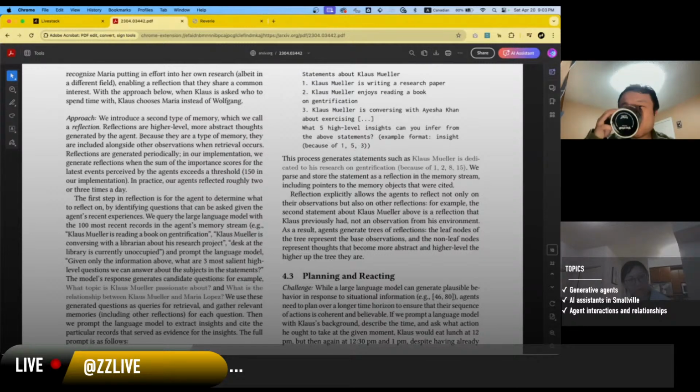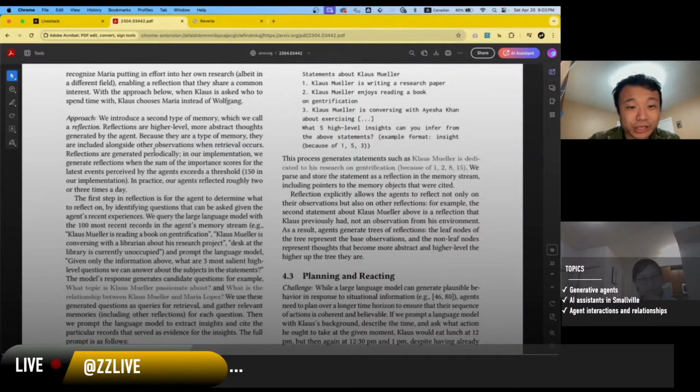The point is reflections are indispensable because they are a type of memory. They are included alongside other observations when retrieval occurs.